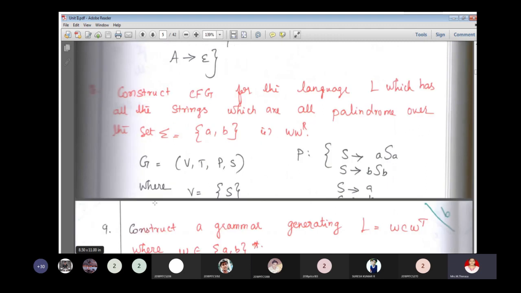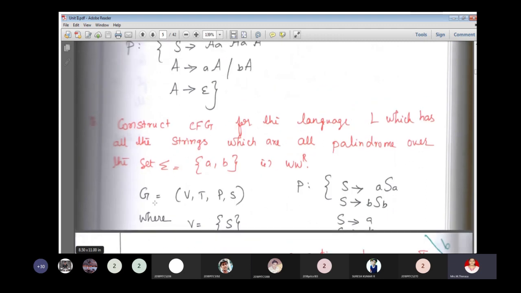And the next problem. Construct a CFG for the language L, which has all the strings which are palindromes over the set sigma equal to {a, b}, that is, w equal to w power R. Very simple, palindrome.